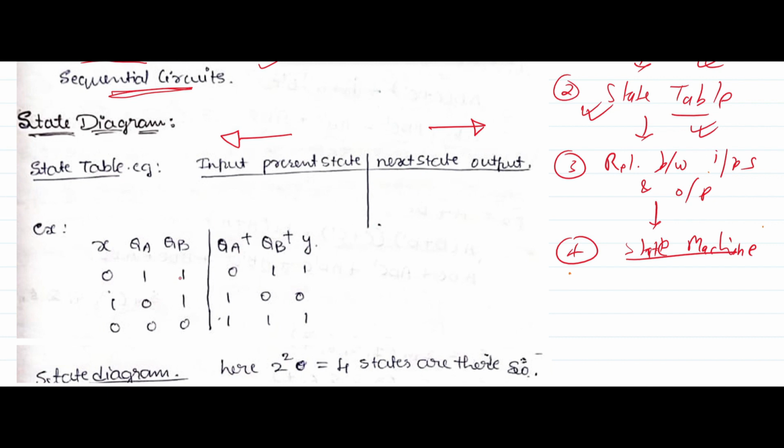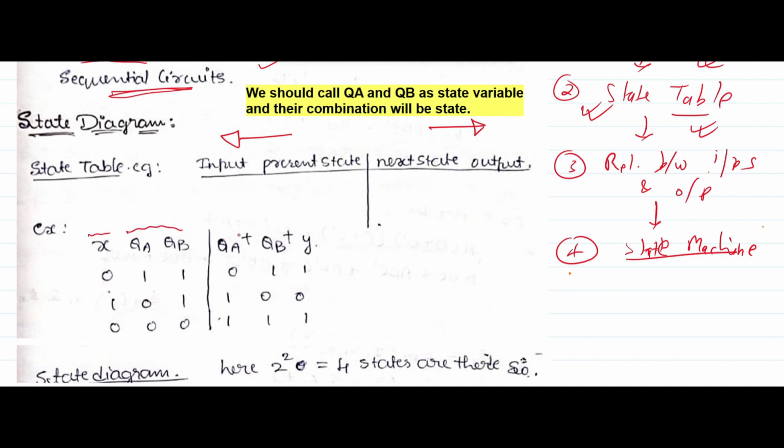Suppose let me give you a random example of a state table, and then from this state table I will draw the state diagram. Suppose the input to this state machine, or some circuit, is x. The present state is represented by qa qb, the next state is represented by qa+ qb+, and the output is represented by y.